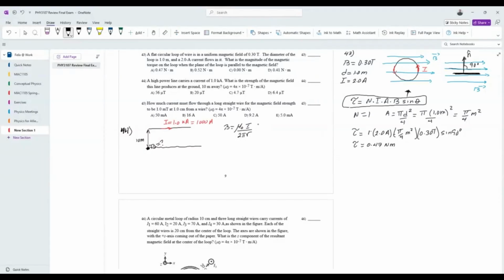Now, in this case, mu sub 0 is 4 pi times 10 to the negative 7 tesla meters per ampere, a current of 1,000 amperes, divided by 2 pi times 10 meters.